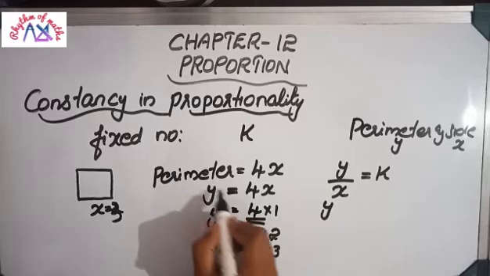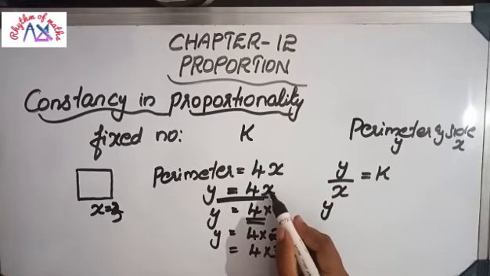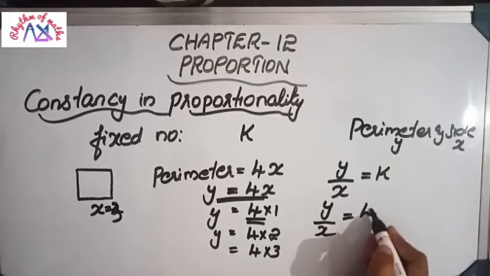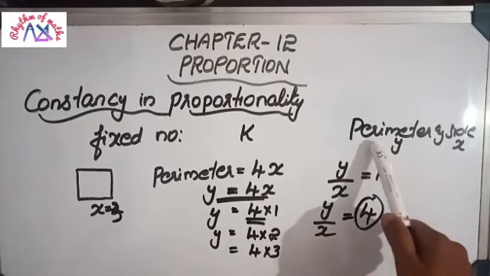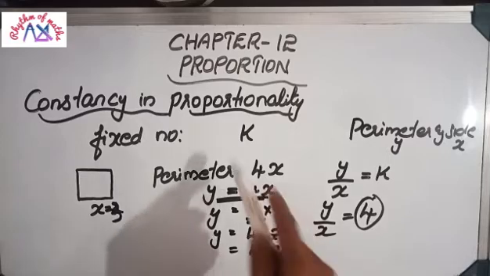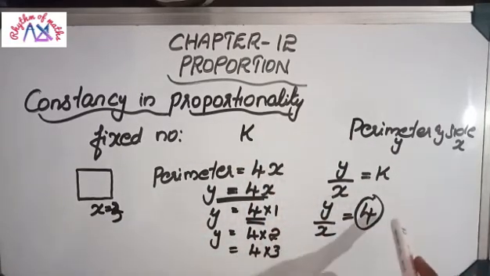Let's check. The equation is y equal to 4x. If we take this x to this side, y by x is equal to 4. So here we have a fixed quantity 4. So perimeter and side of a square are in proportion, and the constant of proportionality is 4 here. Constant of proportionality means the fixed number. This number is not changing.